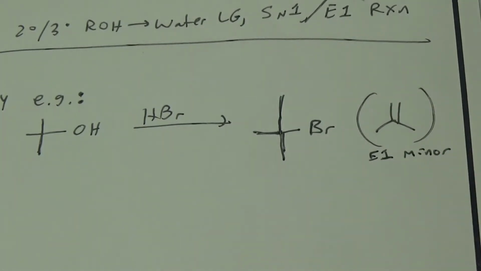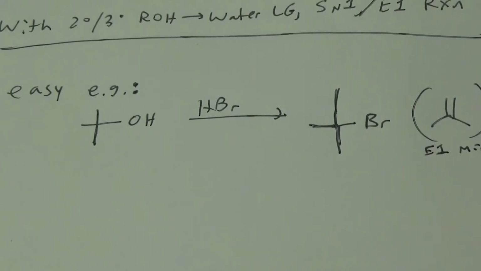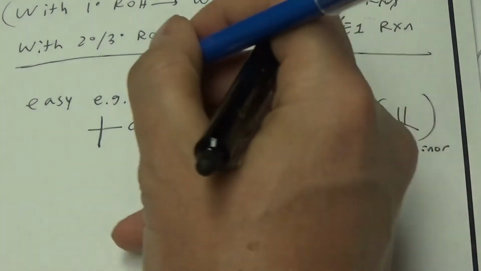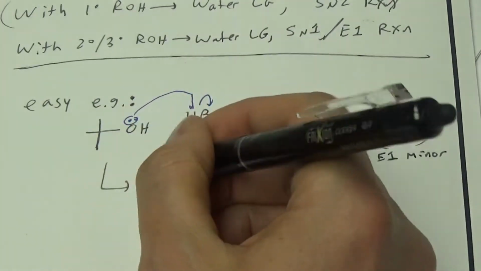What's the mechanism of this reaction? This is a pretty easy mechanism. It's going to be the same kind of thing that we just did on the last slide. It just won't be SN2. So just use the alcohol to grab the proton, make a good leaving group on carbon.